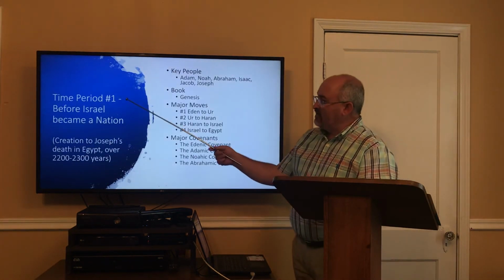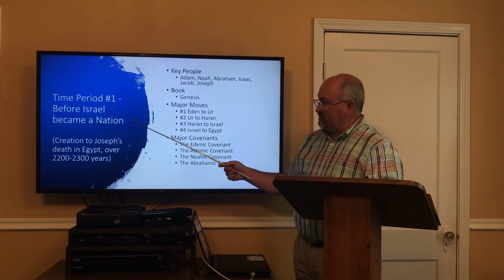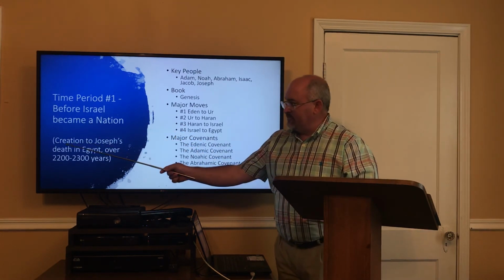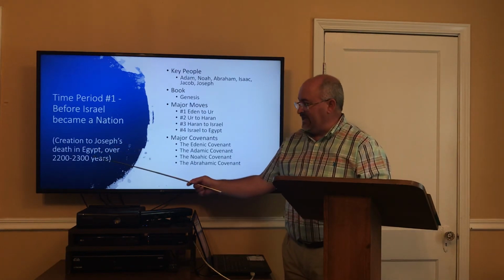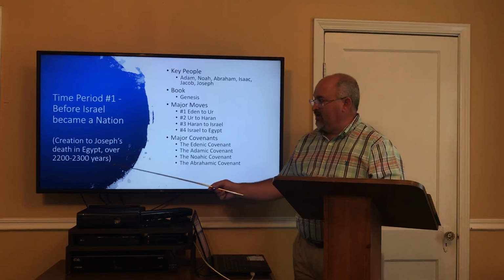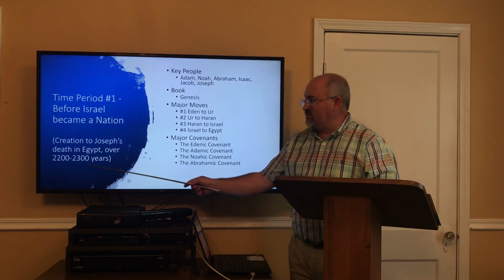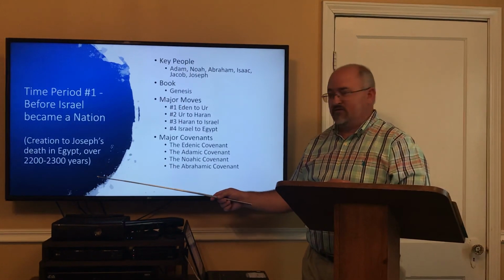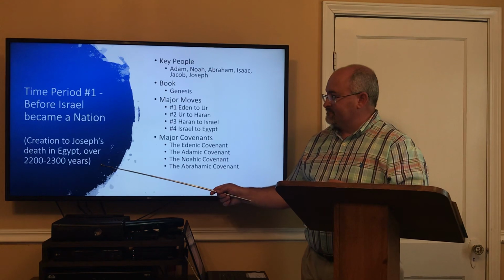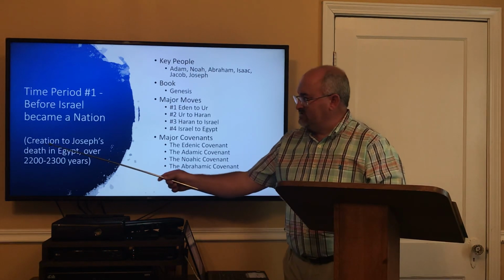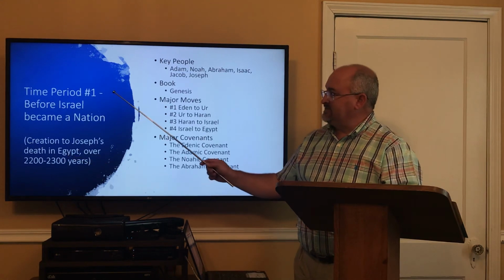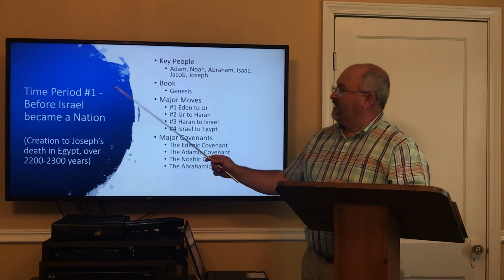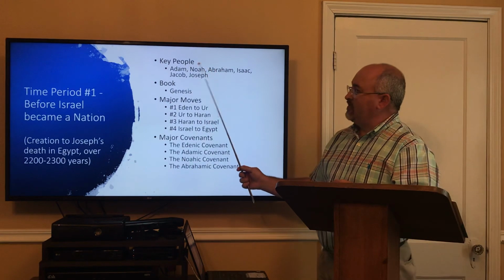All right. Time period number 1, before Israel became a nation, covers from creation till the death of Joseph in Egypt, and is a period of over 2,000 years. Okay? So from creation to Joseph's death in Egypt is time period number 1. All right, who are the key people?